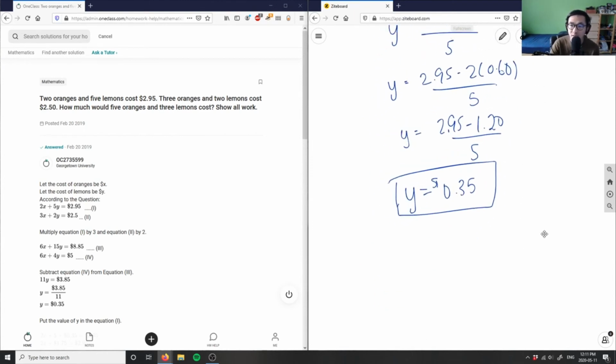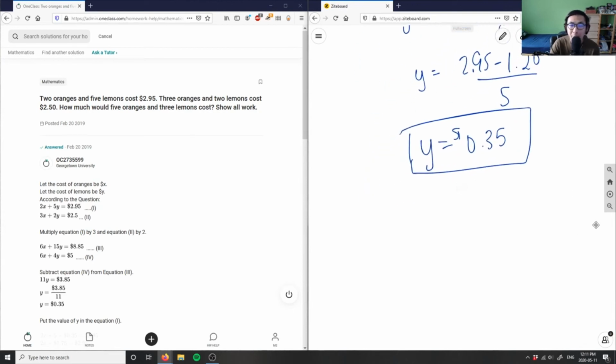And then finally, I can solve for my question. The question's asking us, how much would 5 oranges and 3 lemons cost? So 5 oranges would be 5 times x, plus 3 lemons, which is 3 times y, equals some value.